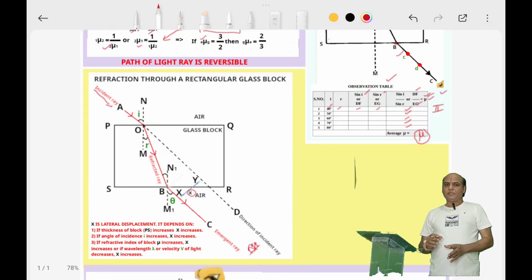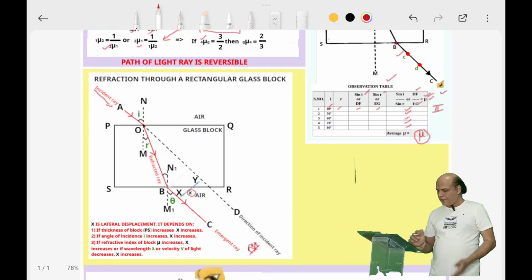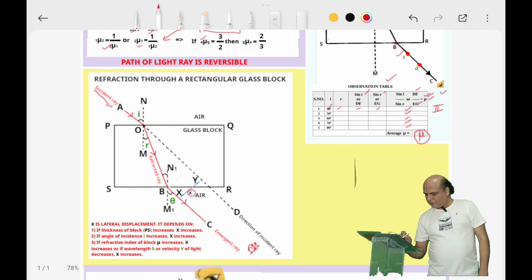Now here, what are the factors on which lateral displacement of light ray depends? First thing, observe. Suppose I increase the angle of incidence like this. So I am increasing the angle of incidence. So my refracted ray would move closer to the normal.